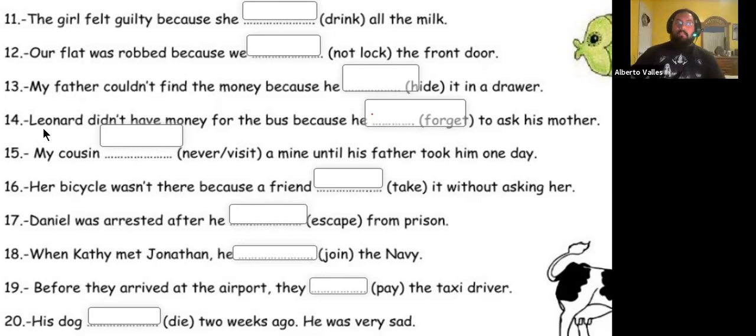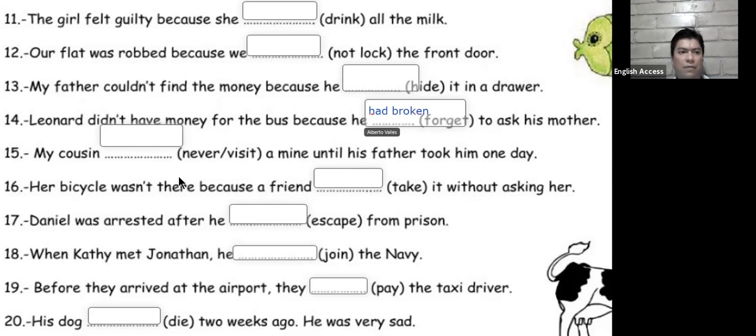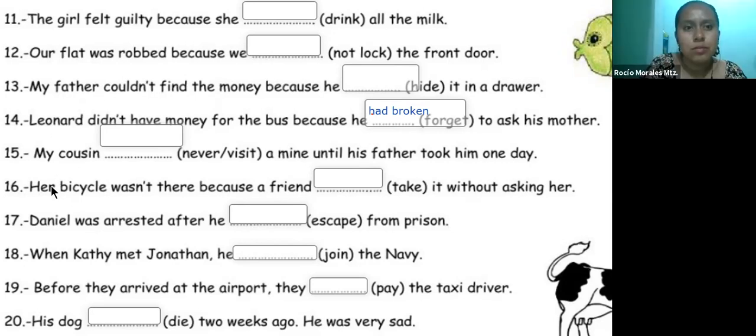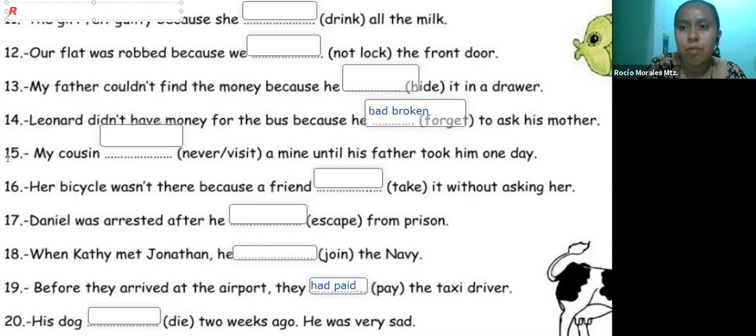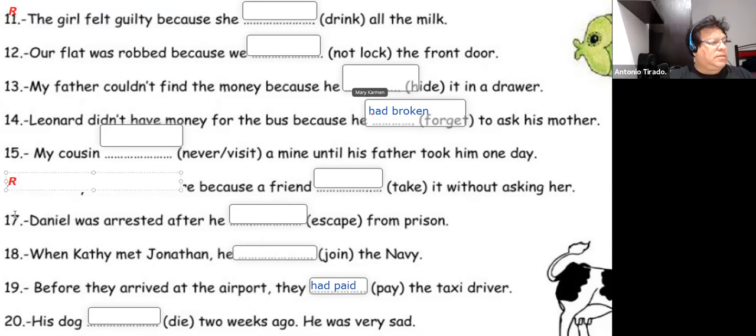Mine was just 14. And then after you finish with 14, you would be 19. In other words, Rocio, please do 11 and 16. Okay.